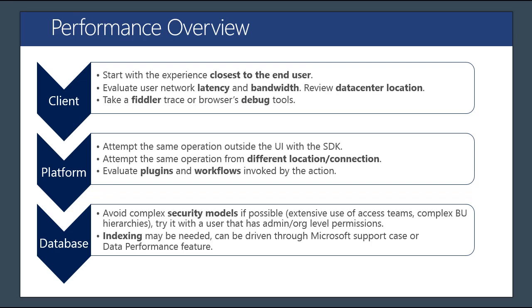It has to be a union of all of these security roles, and the decision time required to analyze whether the user has access to this record or not is really high. So that's something we should take into consideration.